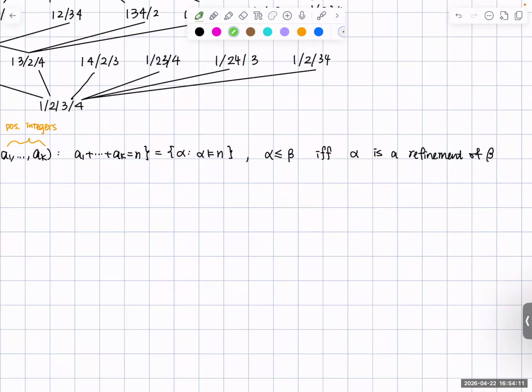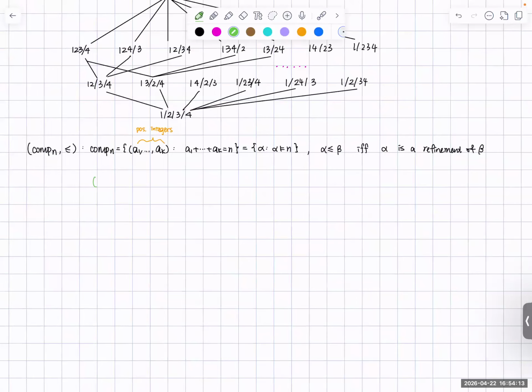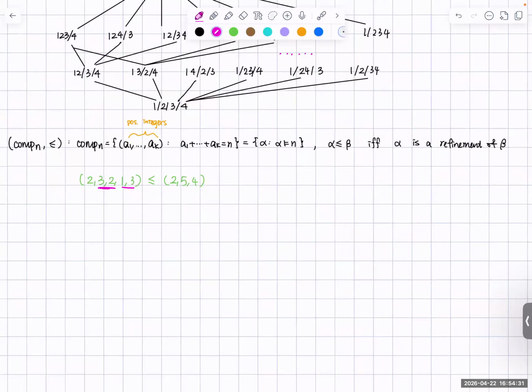For example, if you look at 2, 3, 2, 1, 3, it is a refinement of 2, 5, 4, because these are just chopping the 5 and the 4 into smaller pieces. But if I just swap the order and say 2, 3, 1, 2, 3, then it's not a refinement of 2, 5, 4, because you have no way to put the 5 together when you have 3, 1, and 2.